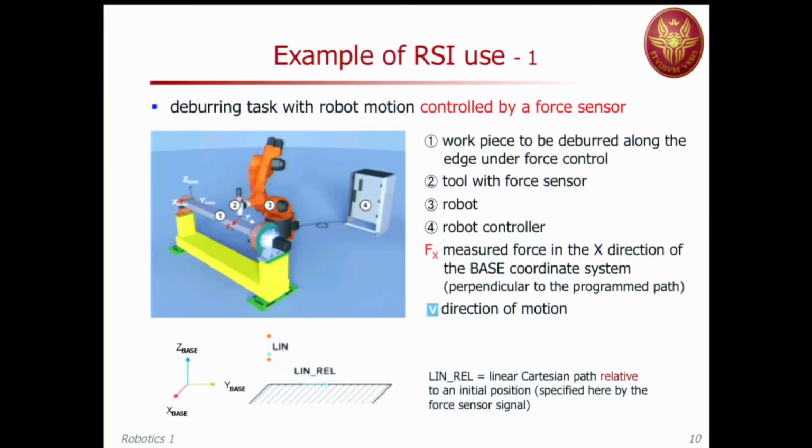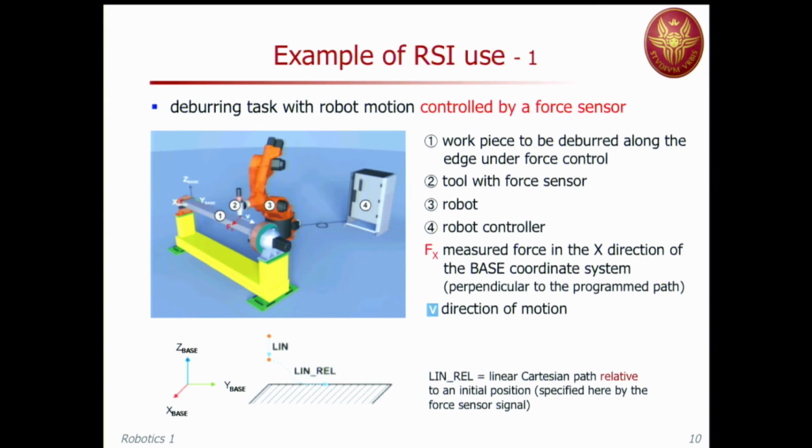So here I show you a couple of examples of use of this sensor interface. This is classical in a sense. Here you have a robot, you have the cabinet, and you have some task where the end effector should enter in contact and apply some forces to this structure.